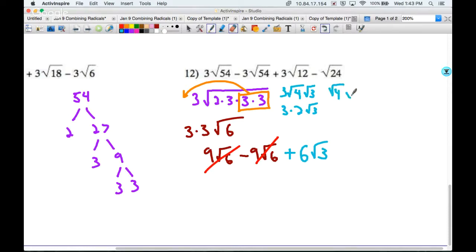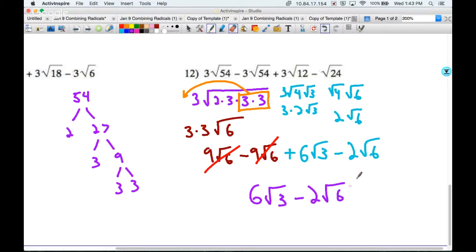Square root of 4, square root of 6, make that 2 root 6. Keep the minus there. Minus 2 root 6. And then that's just our final answer. Those can't be combined any further because they don't have the same radical, so they're not like terms. It's very similar to being like terms when we're combining radicals.